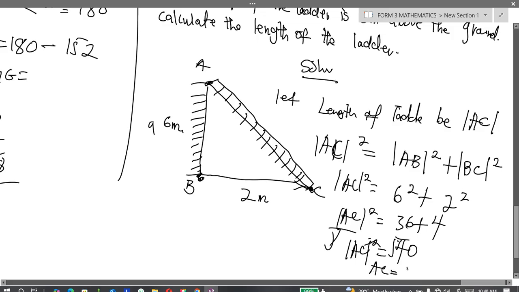AC will give us the root of 40. Now 40 is not a perfect square, so we cannot find the root of 40 by hand.